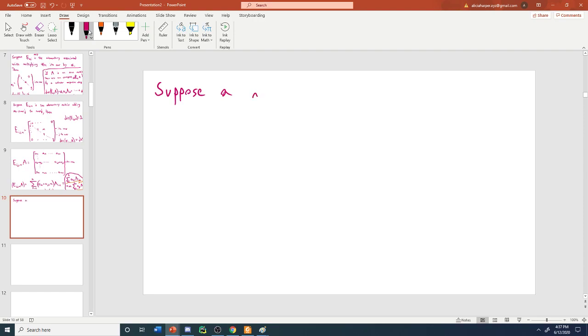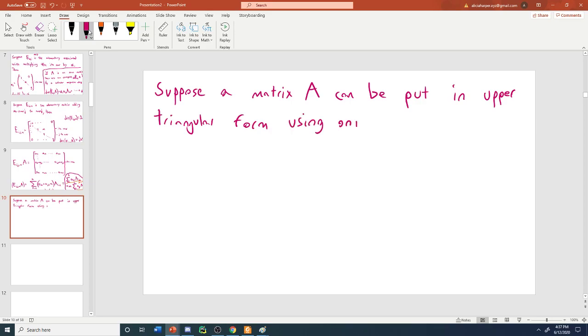Suppose a matrix A can be put in upper triangular form using only row operation 3, the one where you basically add a multiple of a row to another row.